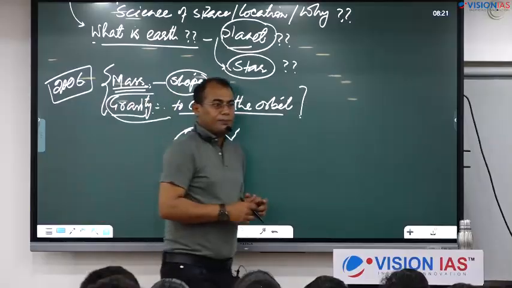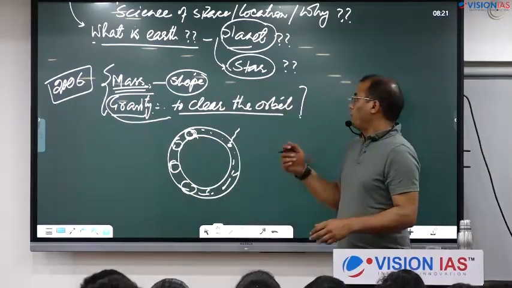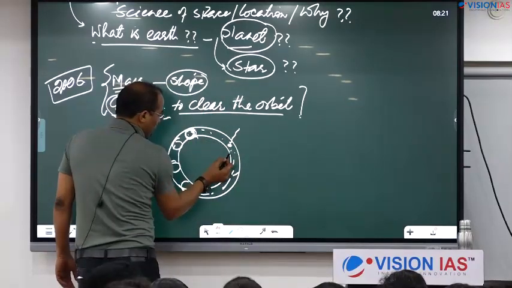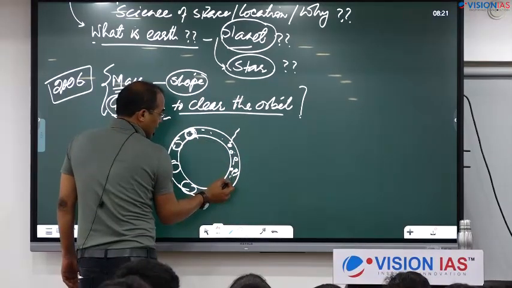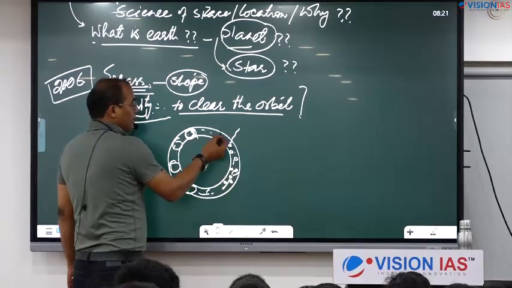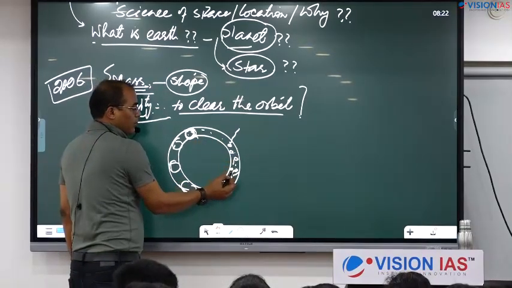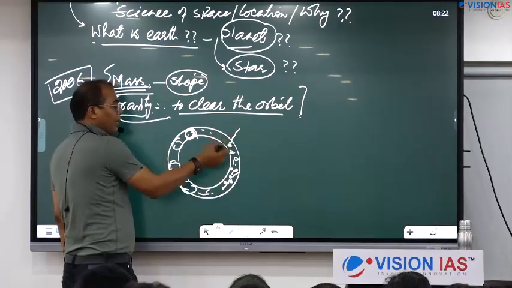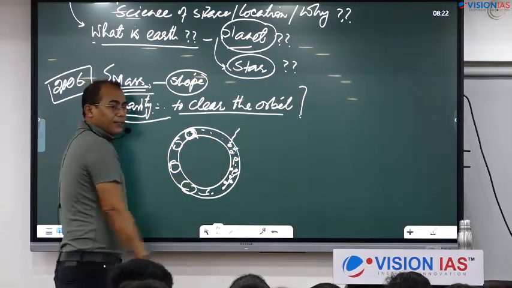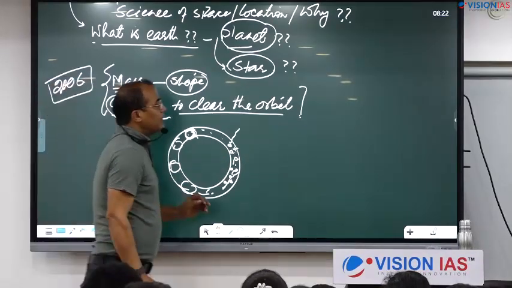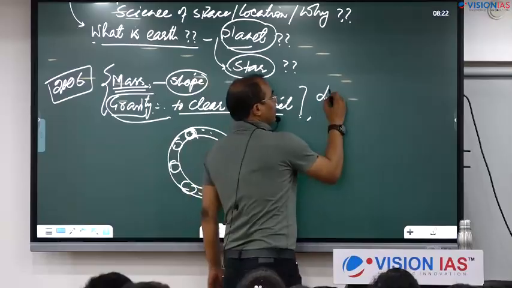Sure? Right? So why Pluto is no more a planet. If Pluto is here, there are other smaller bodies existing in the same orbit. And it is revolving. Pluto is also revolving. Other small celestial bodies are also revolving here. So Pluto will not be a planet. Right? So earlier, what was the definition of the planet? Now it is called dwarf planet.